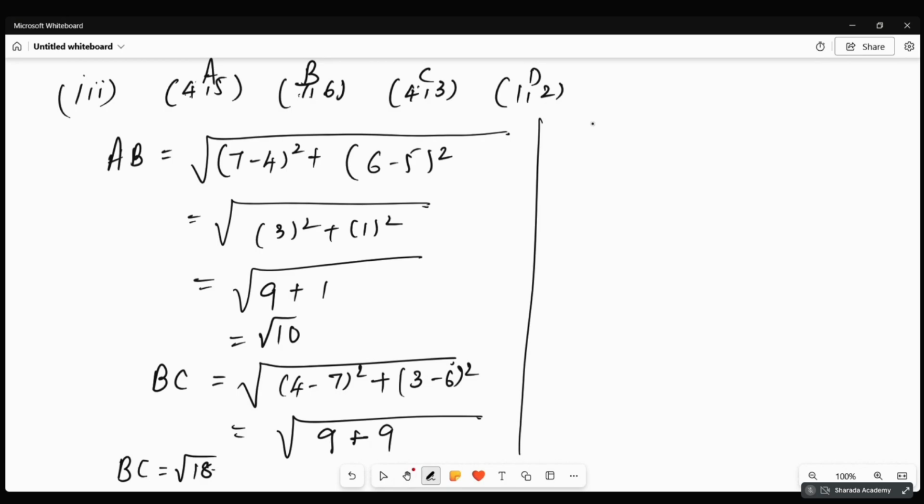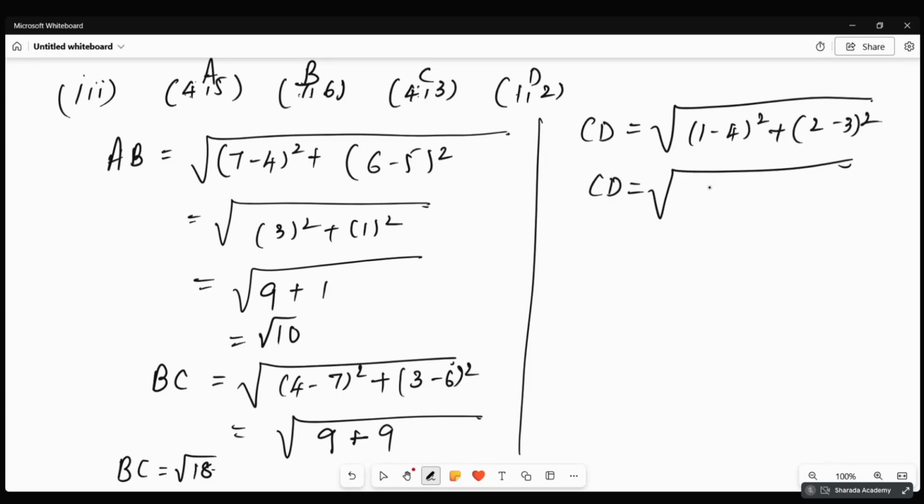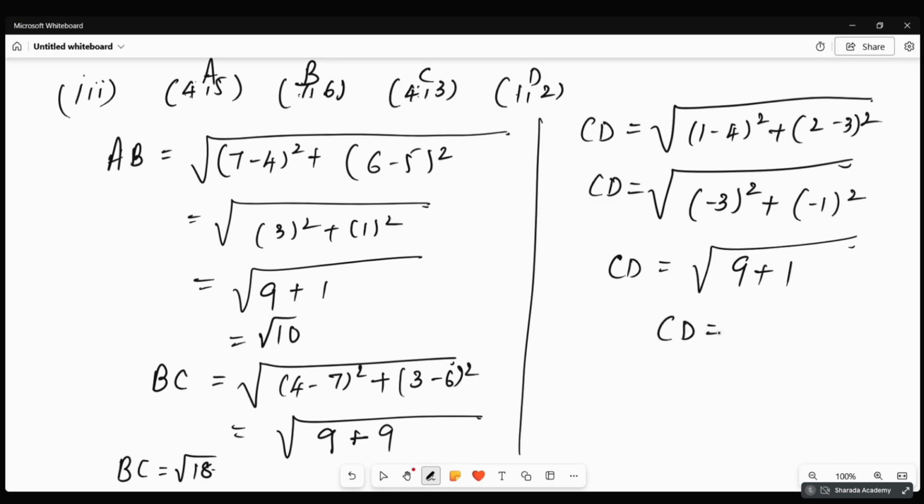Then CD. AB, BC is done. Now CD: 1 minus 4 whole square plus 2 minus 3 whole square. 1 minus 4 is minus 3 whole square, 2 minus 3 is minus 1 whole square. So CD is equal to 3 square is 9, 1 square is 1, so CD is root 10.